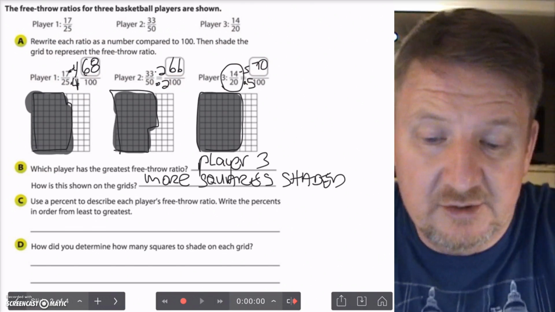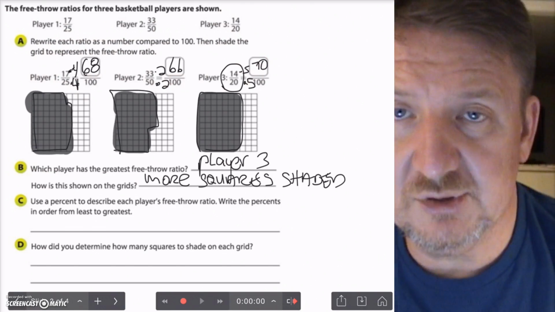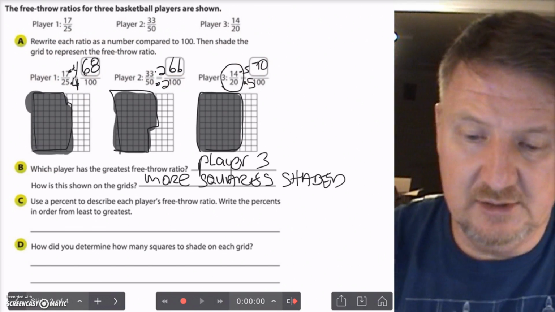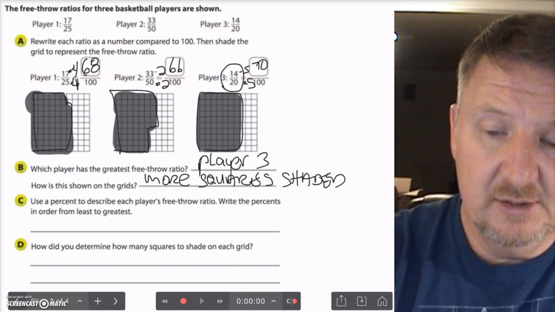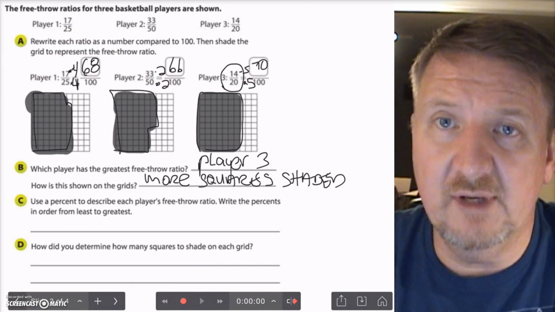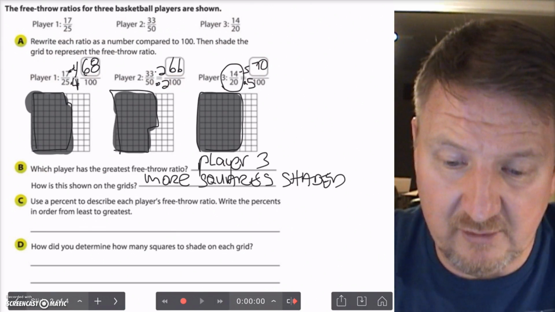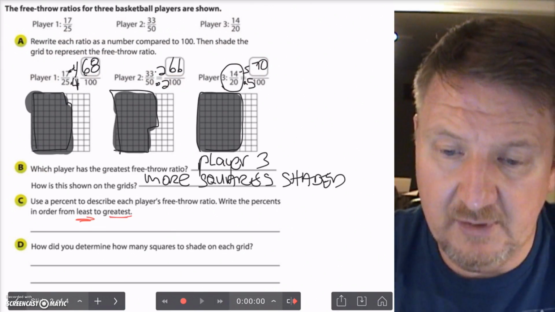Okay, so letter C says use a percent to describe each player's free throw ratio. Write the percents in order from least to greatest. So let's change colors. If I look at the numbers, all I have to do now is compare the numerators. The smallest one is first because I'm going from least to greatest. The smallest number is 66.